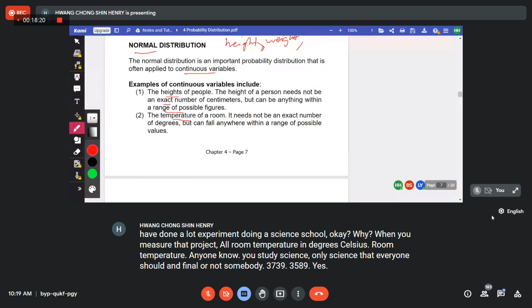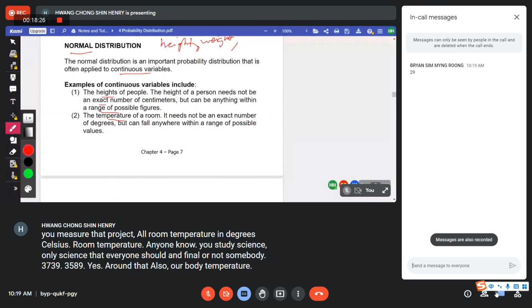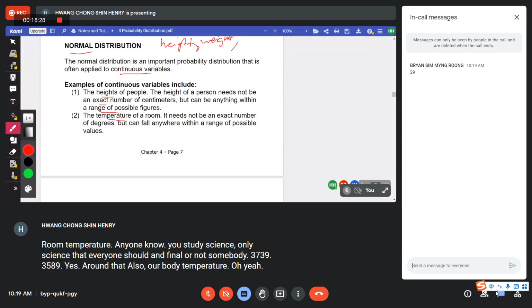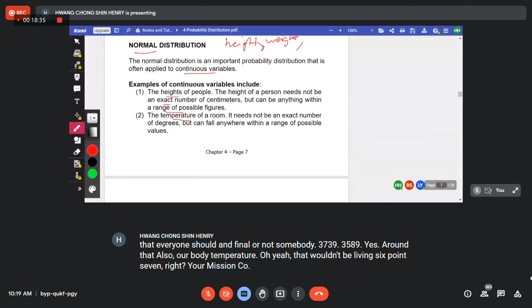Yes, around that. What's our body temperature? 36.7, right? You all measured so many times already during the MCO. Okay, 36.7. Anything higher than that, you will have a fever.